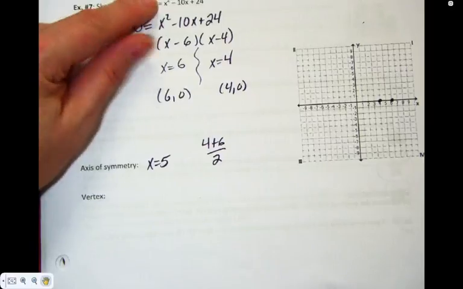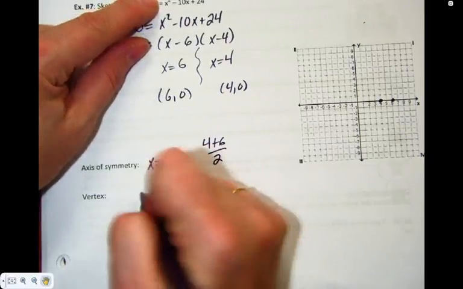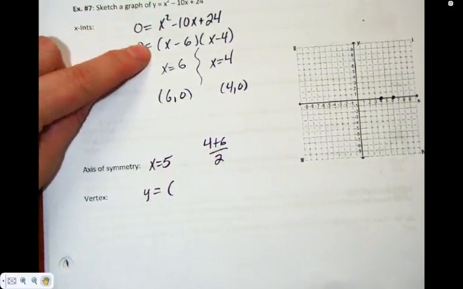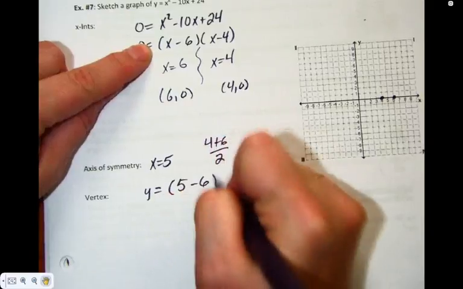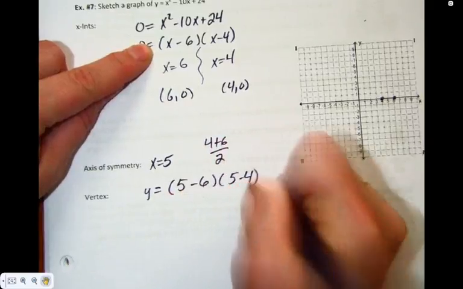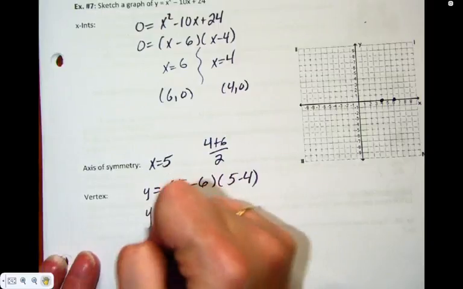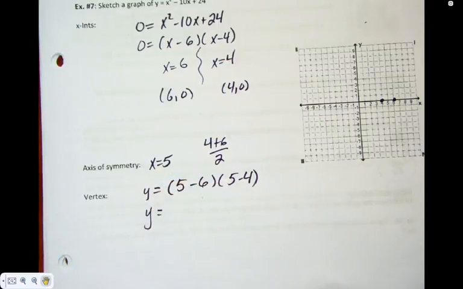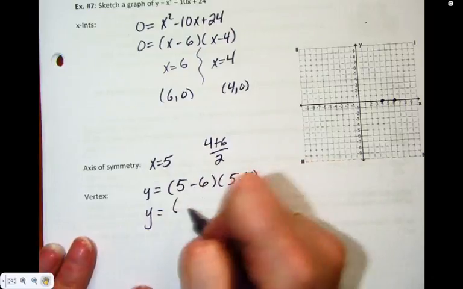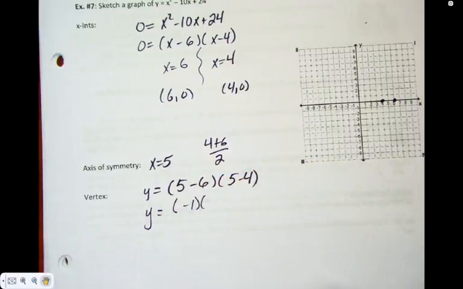Do you want to go back to the original or back to factored? Okay, let's go to factored form. So I'm just going to take out the x and put in 5. 5 minus 6. 5 minus 4.